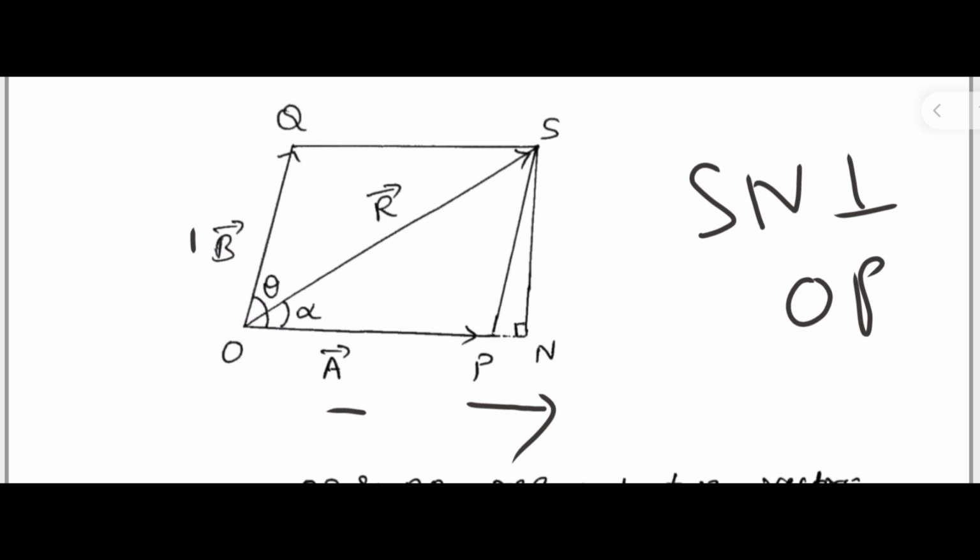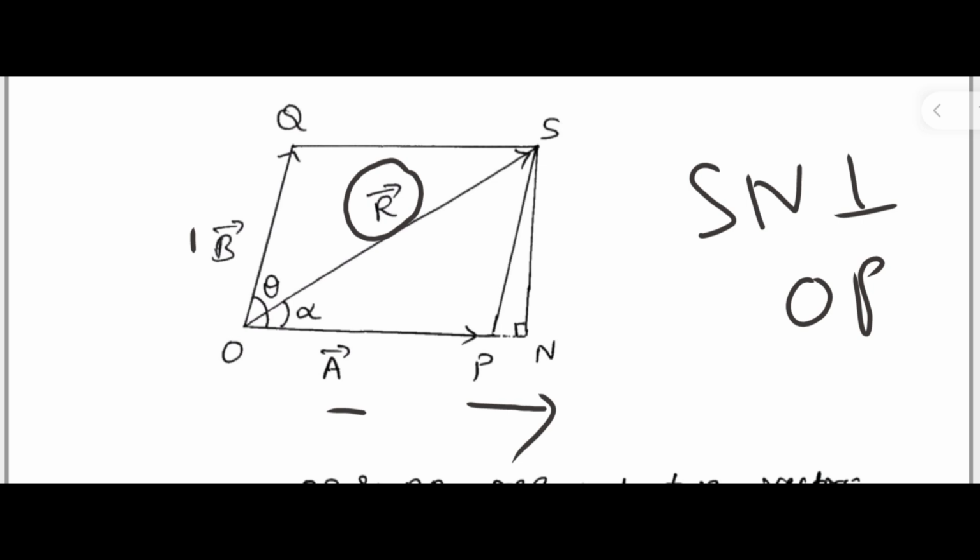Here alpha is the angle between the diagonal and OP. R is the resultant vector, which is taken along the diagonal.